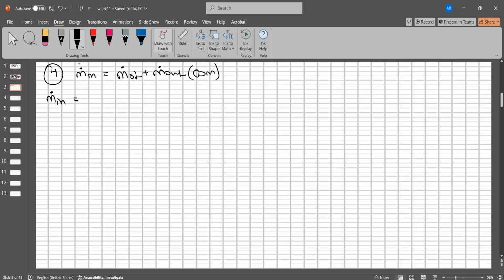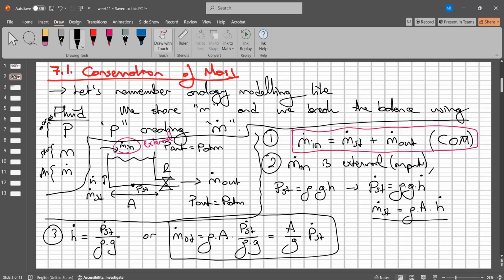It's coming from the outside. But this MST dot is equal to what? A divided by G times PST dot, right? And also we know that the M out dot is given in here. But how can we define the M out dot? How can we define it?